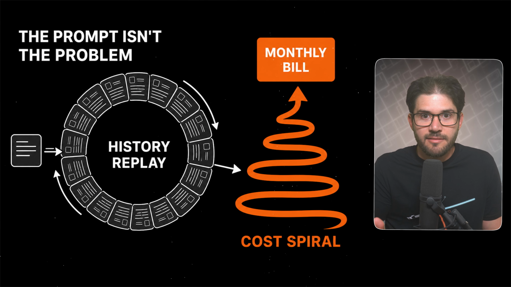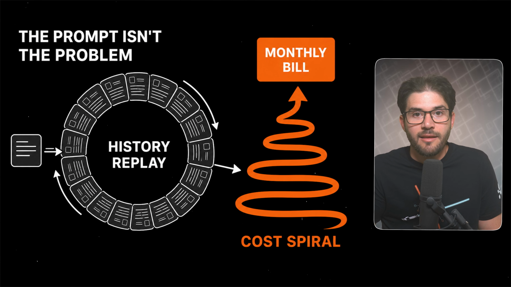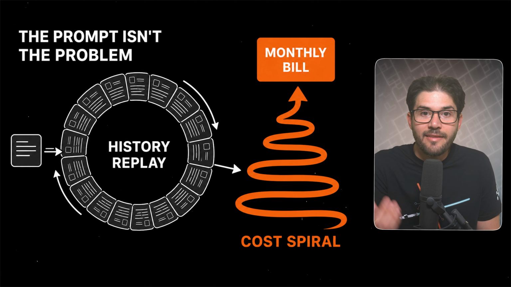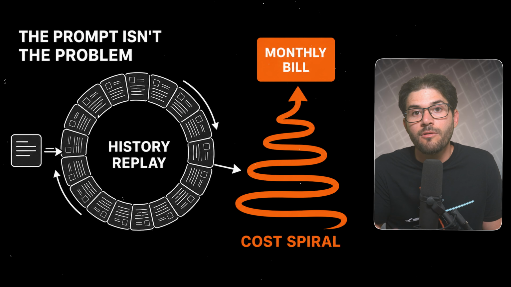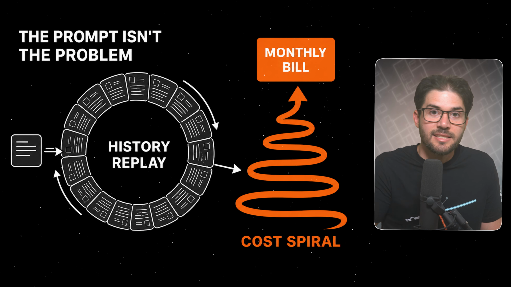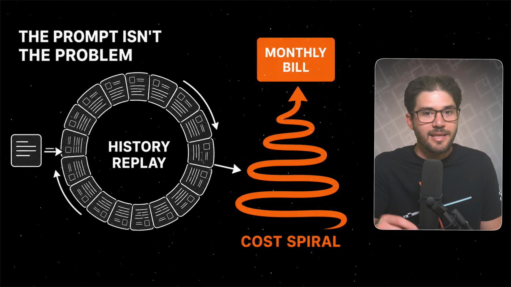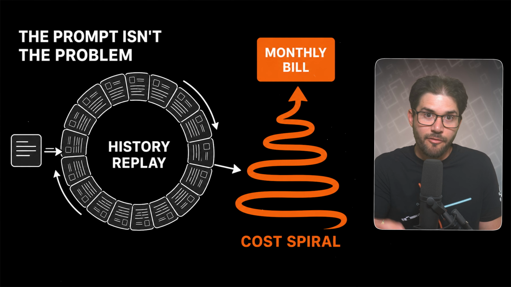So let's bring this all together. As we have seen, the AI bill that you get at the end of the month isn't high because you are writing long prompts. It is high because of your hidden tokens. You have these replay tokens, I mean, the entire history is resent every time you ask a new question or execute the agent, which causes this spiral of cost.